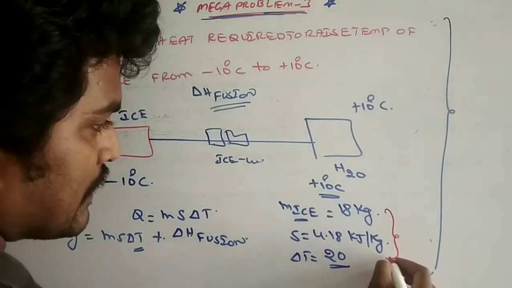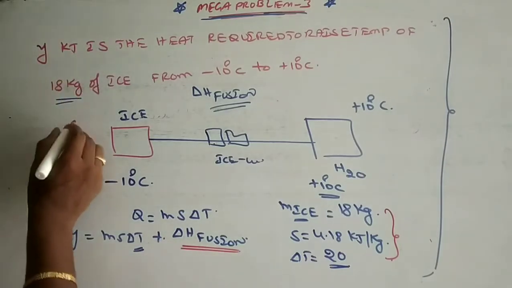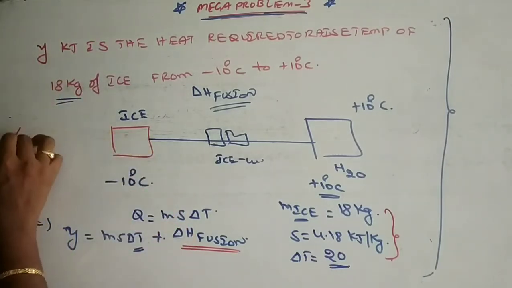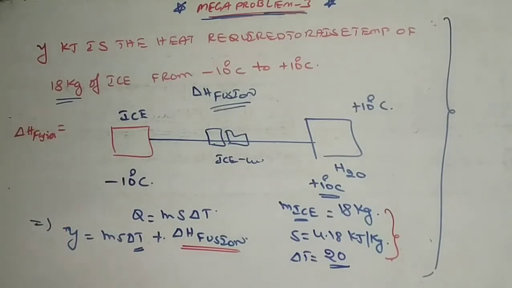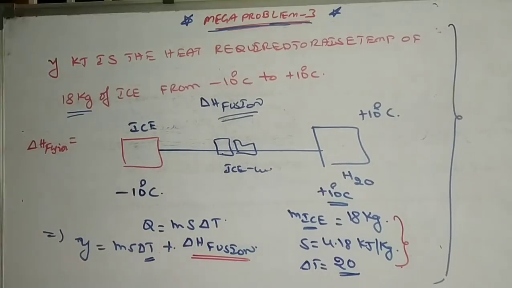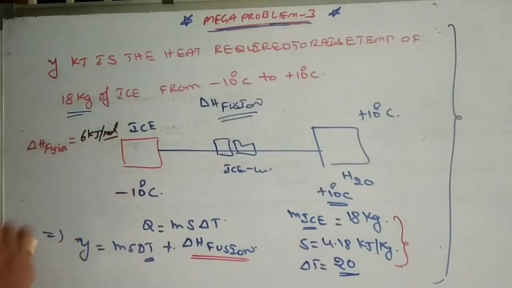Very good. Next, what should you know? The enthalpy of fusion value. They have mentioned in the problem the enthalpy of fusion of ice is 6 kilojoules per mole.